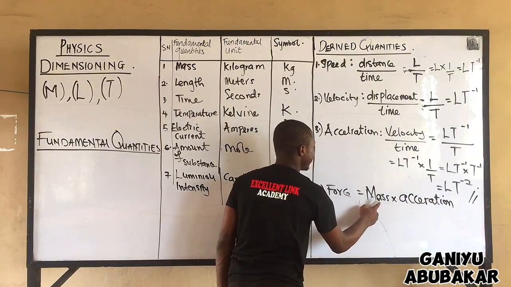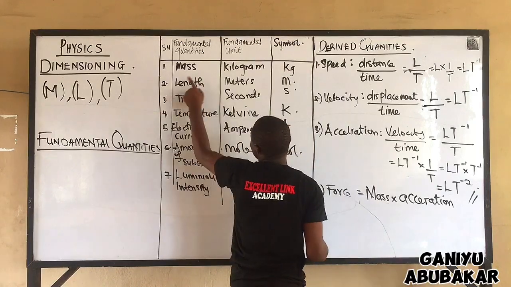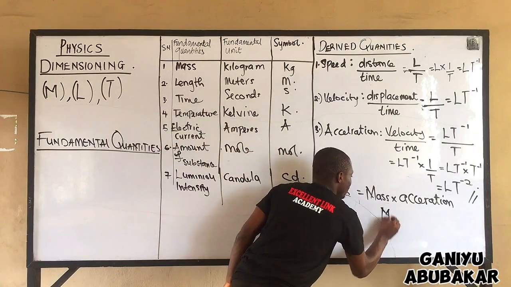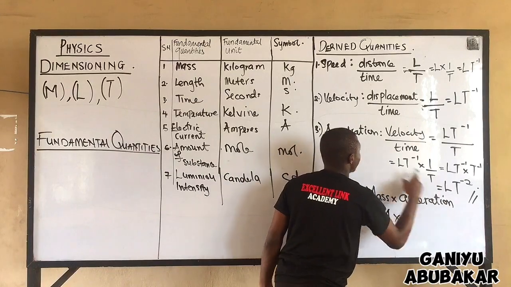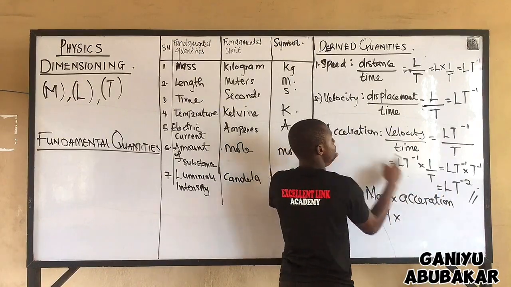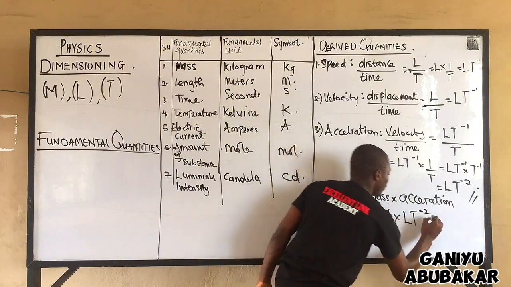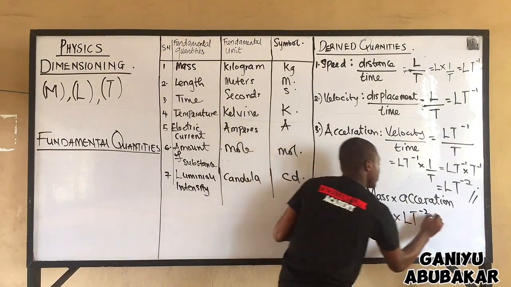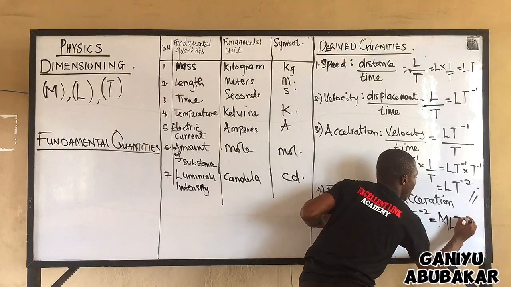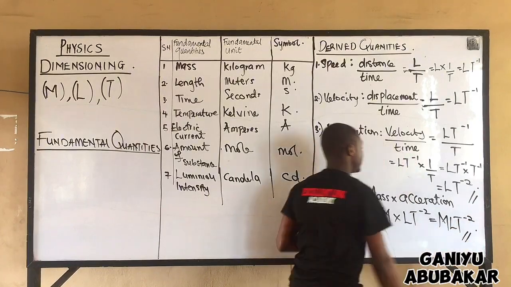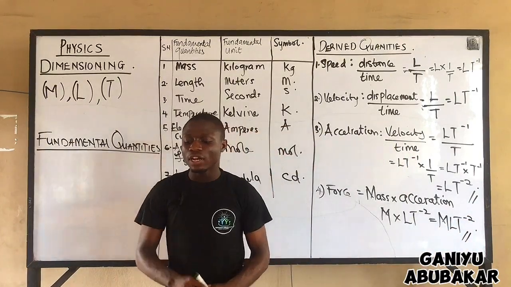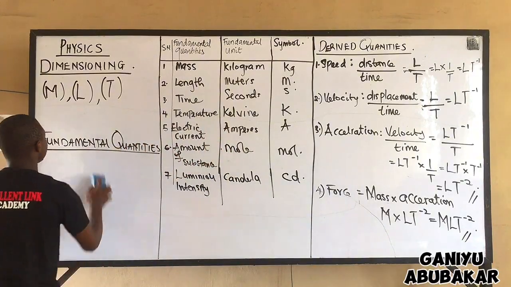Of course, what's the dimension for mass? It's capital M, multiplied by acceleration. We just got acceleration to be L T to the power minus 2. Of course, the dimension for force becomes M L T to the power minus 2. That's the dimension for force. All right, let's get other parameters.